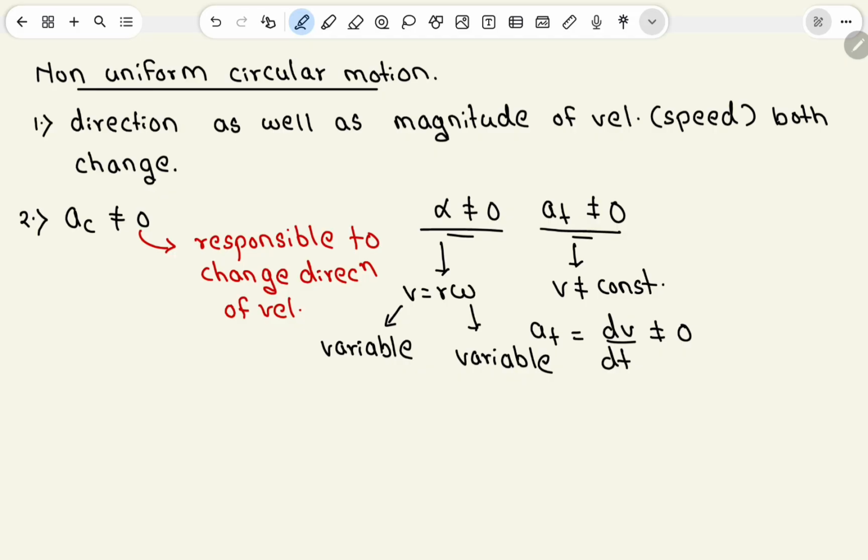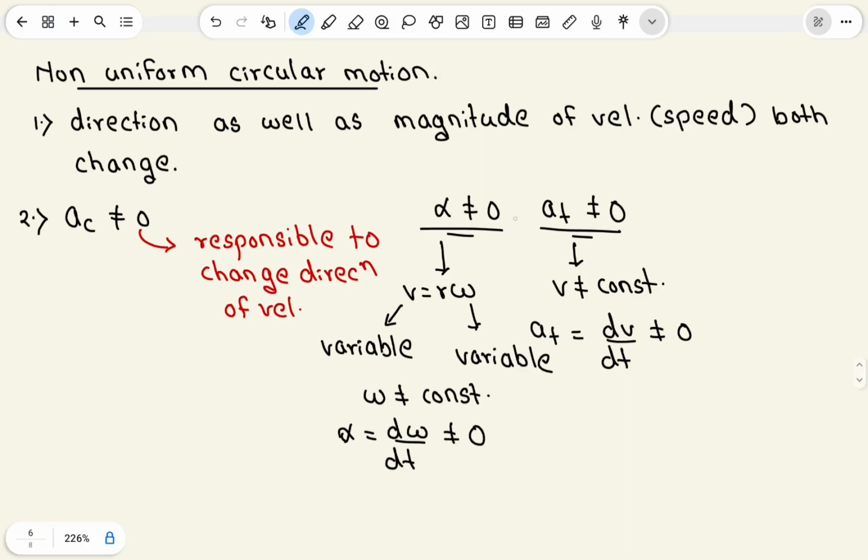And if omega is variable, then omega is not constant, and therefore alpha, which is d omega by dt, is non-zero. So we have a non-zero angular acceleration as well as a non-zero tangential acceleration, along with non-zero centripetal acceleration.